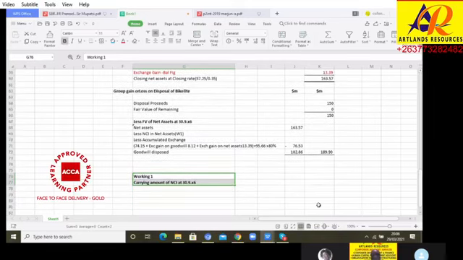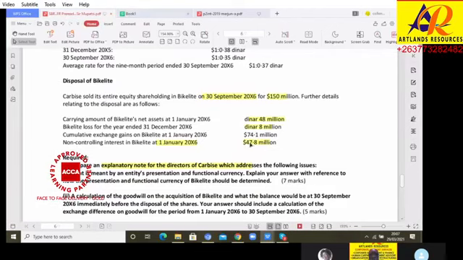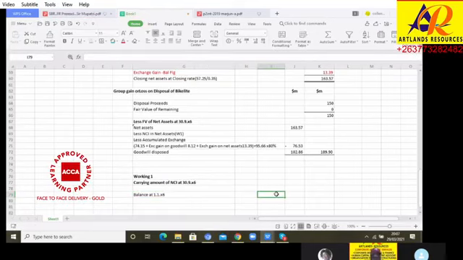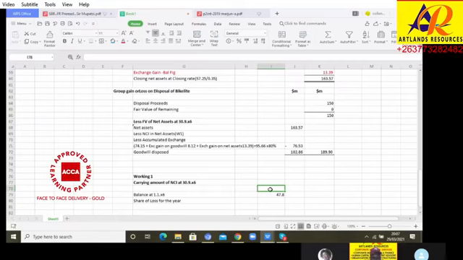I then say balance at 1 January x6. So I'm given the NCI balance at 1 January x6 to be 47,8 here. Then I say share of loss for the year. Now, my workings are now in millions of dollars.